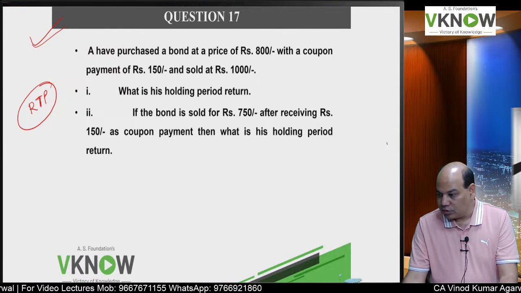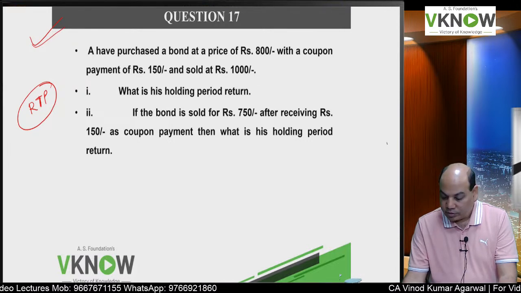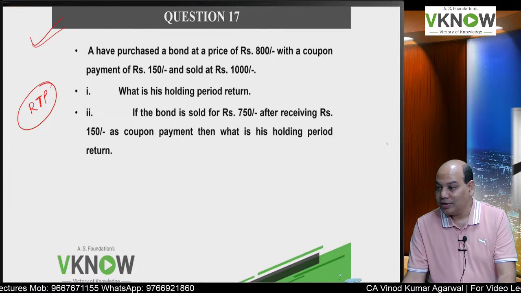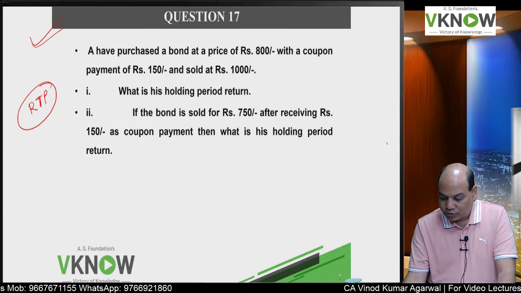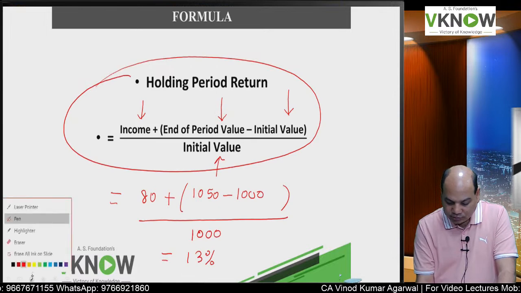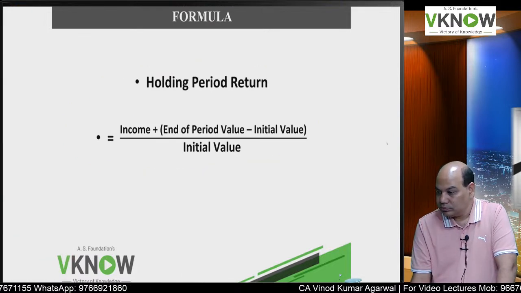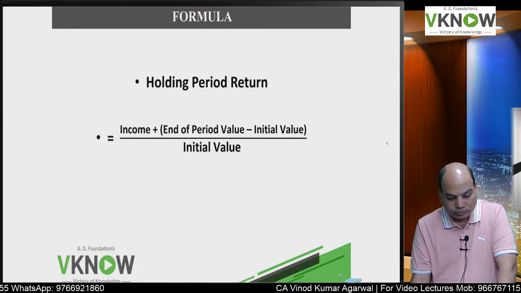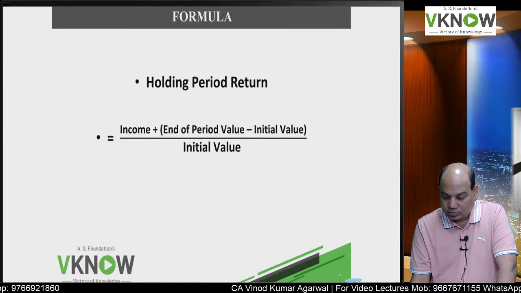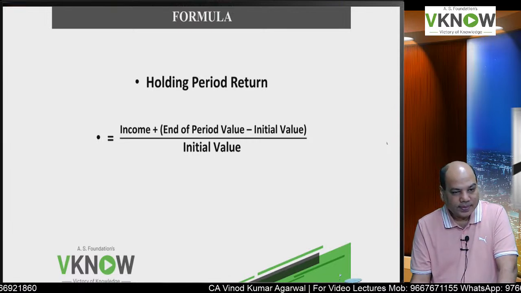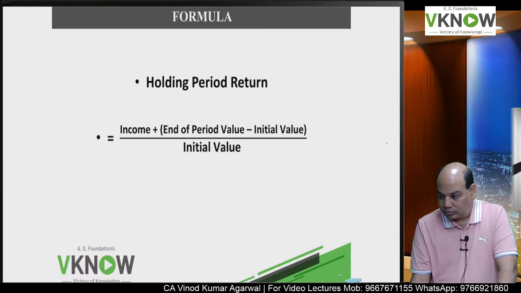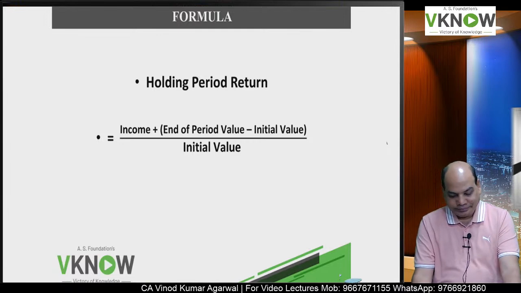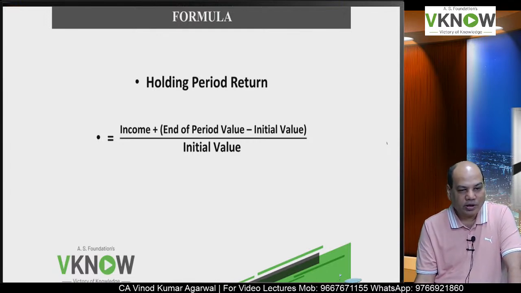Second question, if the bond is sold for rupees 750 after receiving 150 as coupon payment, then what is his holding period return? So first, write this formula. Holding period return is equal to income plus end of the period value minus initial value divided by initial value.